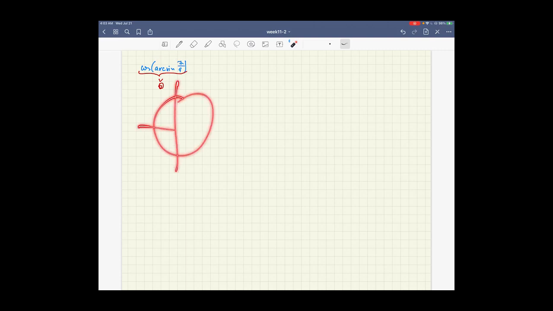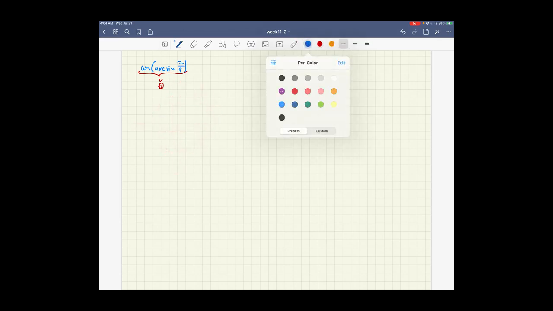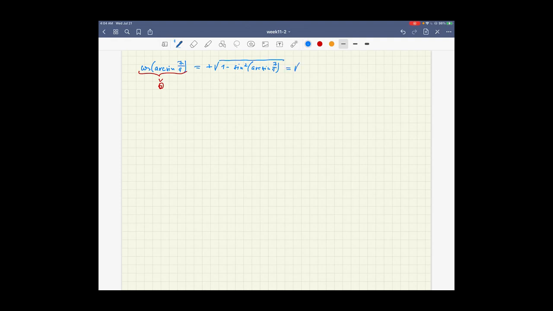Cosine in the first or fourth quadrant is positive. I mean, the whole thing is always positive. So now we replace cosine by the positive square root of 1 minus sine squared of arcsine of 7/9. That's simply 1 minus 7/9 squared.